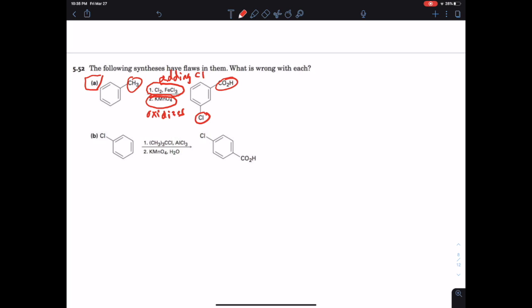But where is the problem in the synthesis? Well, the CH3 is an ortho-para director, but Cl is meta.